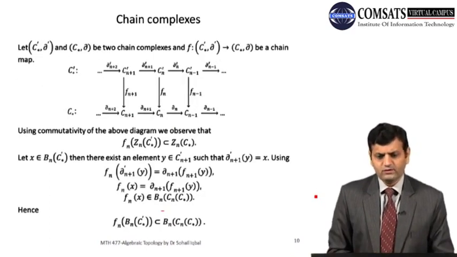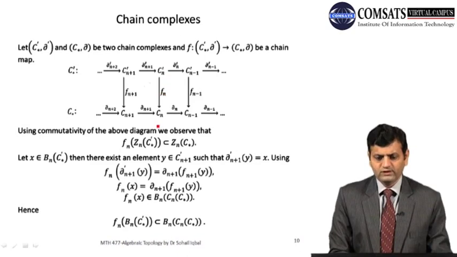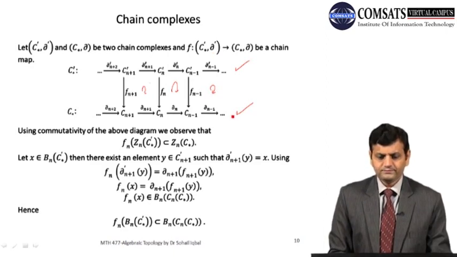Given two chain complexes and a chain map between them, in other words we have a sequence of homomorphisms Fn plus 1, which is a homomorphism from Cn plus 1 prime to Cn plus 1, and Fn, which is a homomorphism from Cn prime to Cn, and so on, and this diagram commutes. Now let's see how to define the relation between the homology group of this chain complex and the homology group of this chain complex.